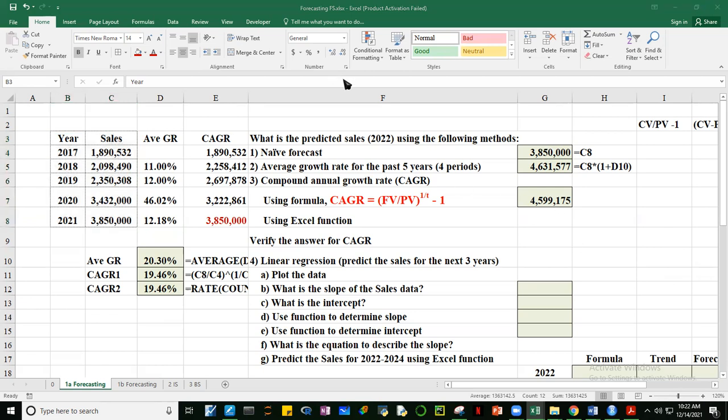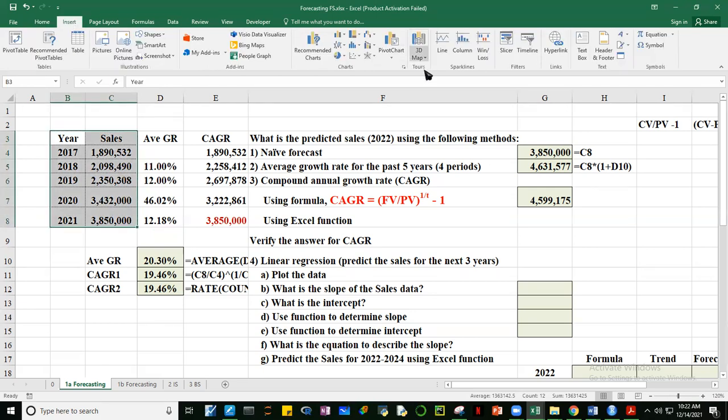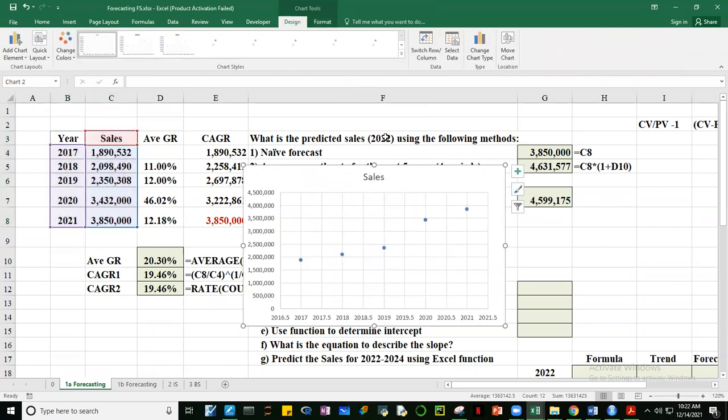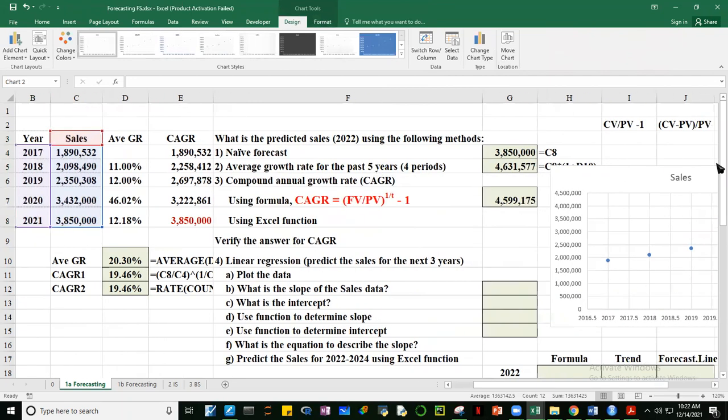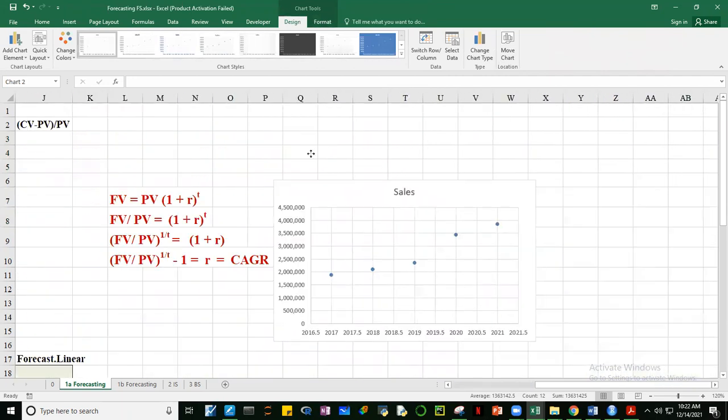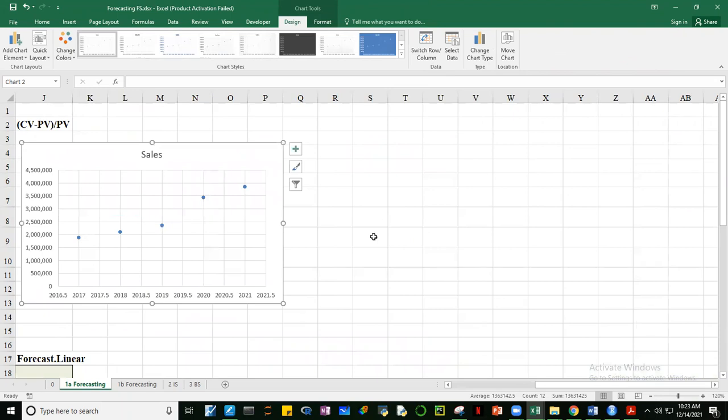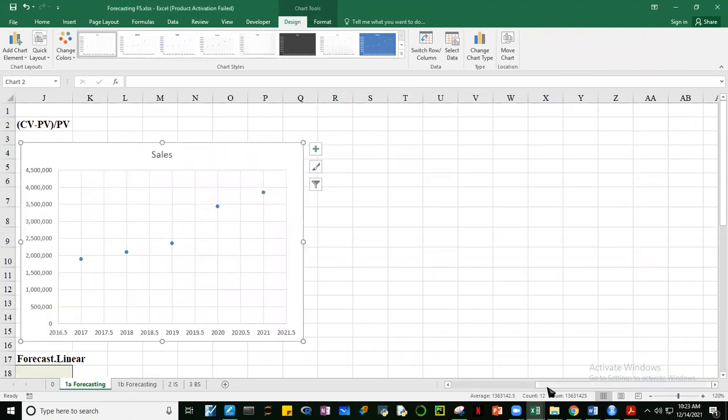So once you highlight that, go to insert. Insert, and then dito, sa chart, you go to scatter plot, click natin to. And then let me just reposition this here. All right.